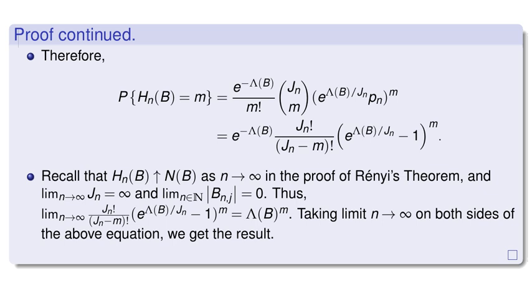Using these facts, the limit as n goes to infinity of the term Jn factorial divided by Jn minus m factorial times e to the power lambda of B over Jn minus 1 raised to the m is equal to lambda of B raised to the m. Taking the limit as n goes to infinity on both sides of the probability equation for Hn of B equals m, we obtain the Poisson probability for N of B equals m.